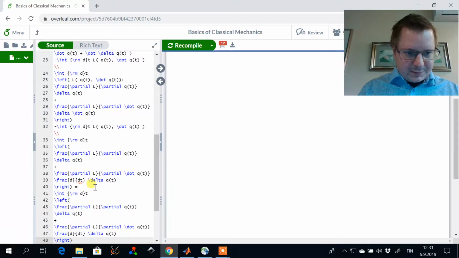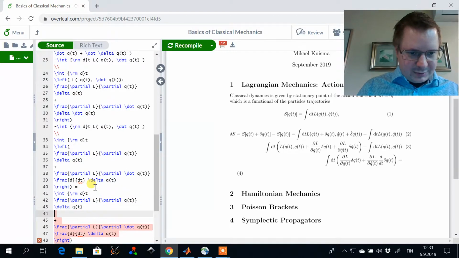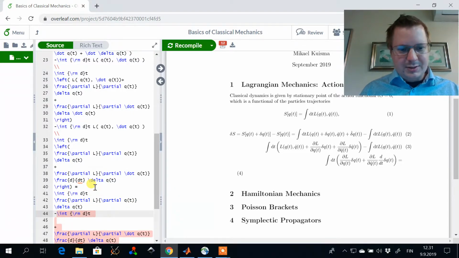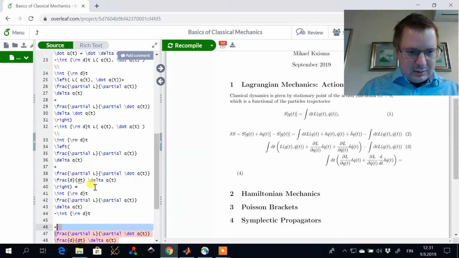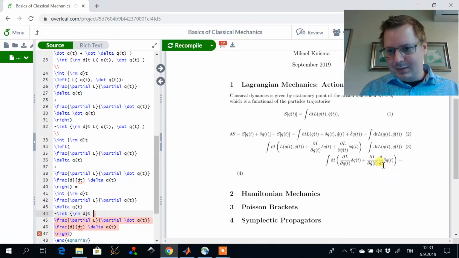Just first, this was the first term, and I will take that as such. And then how you do partial integration, it's minus. And then we are taking the dot of this side, so now we will take the dot of that side.